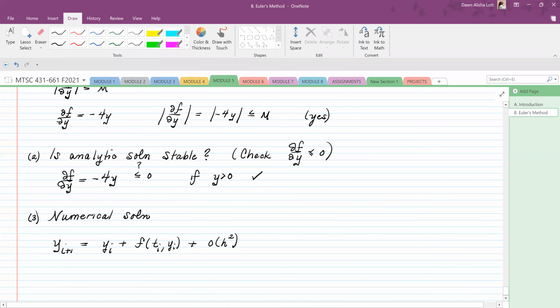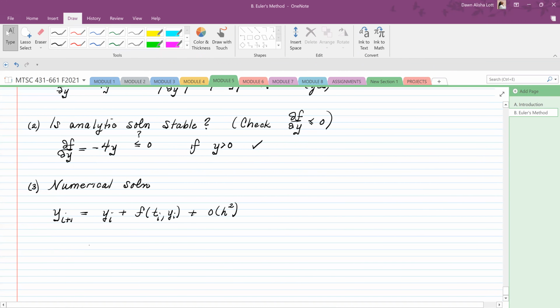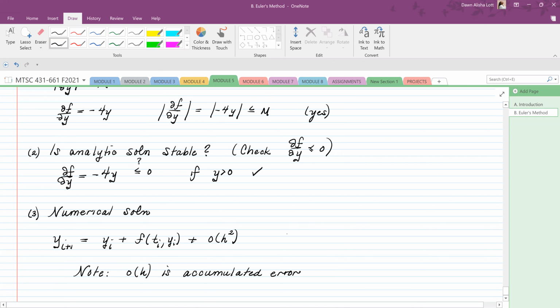And note that order h is the accumulated error, the global error.